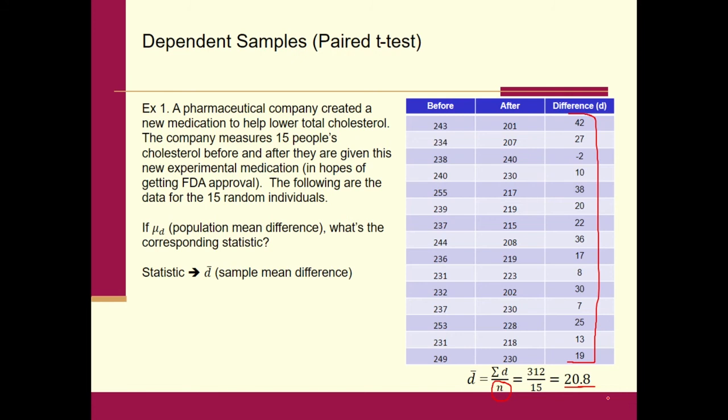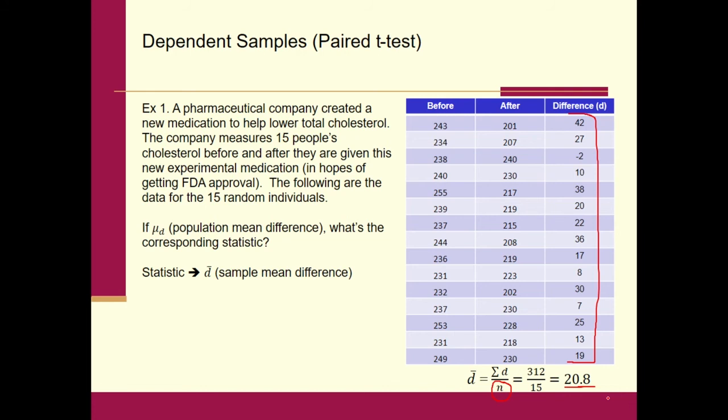So what does that mean? On average, the cholesterol actually lowered by 20.8 units. All right, that's important here. That's why we were defining what these mean in terms of a negative and a positive. Since we got a D bar that's positive, could we have gotten a D bar that was negative?